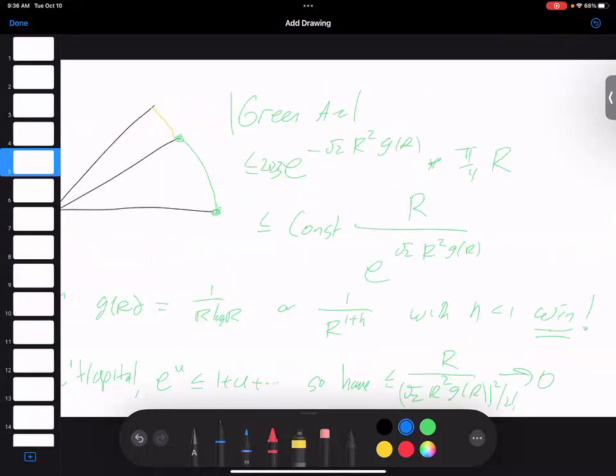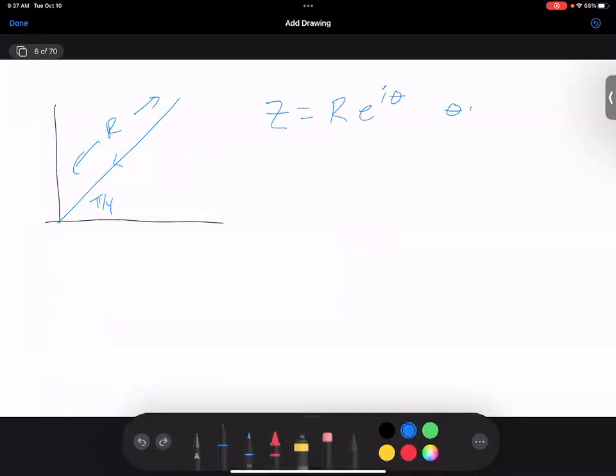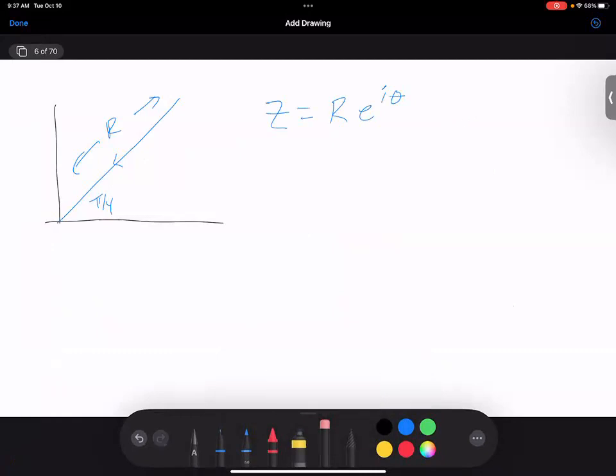All right, so now let's look at what's going on over here. So now let's write z as r e to the i theta. Theta for this problem is going to be fixed.